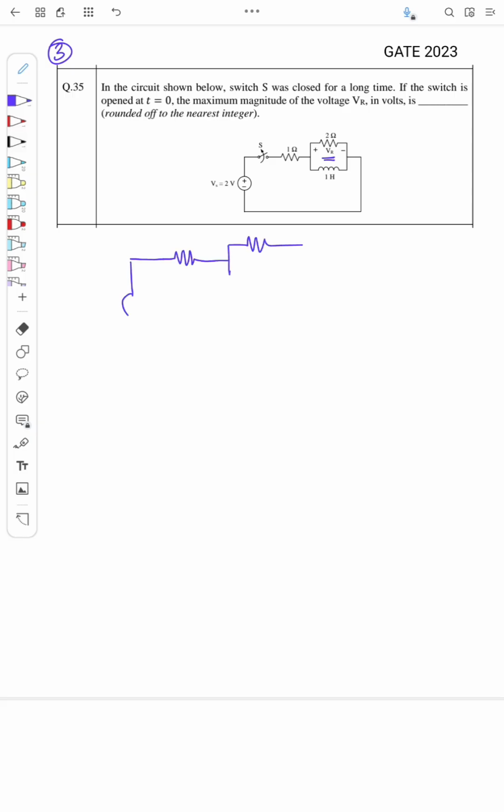Okay, so when the switch is closed, this is 1 ohm, this is 2 ohm VR, and I have an inductor here, right? Since the switch is closed for a long time and the voltage is DC, the inductor will be short circuited. After a while, the inductor will act like a short.